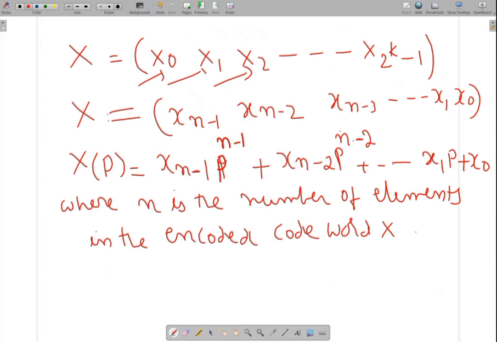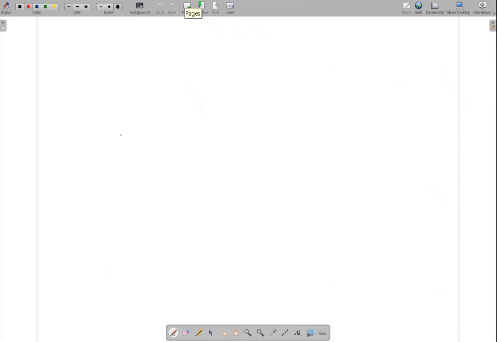Encoded code word capital X varies from x0, x1, x2, and so on, up to X2 power k minus 1. All are the possible encoded code vectors, that means the output of the cyclic code.